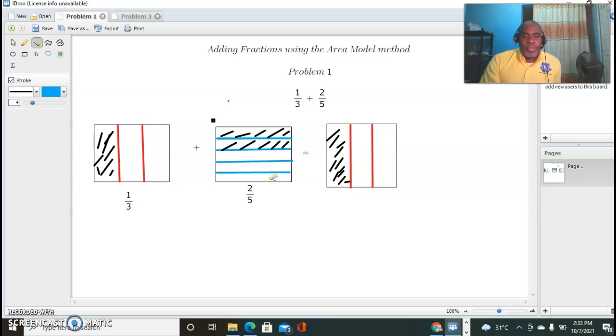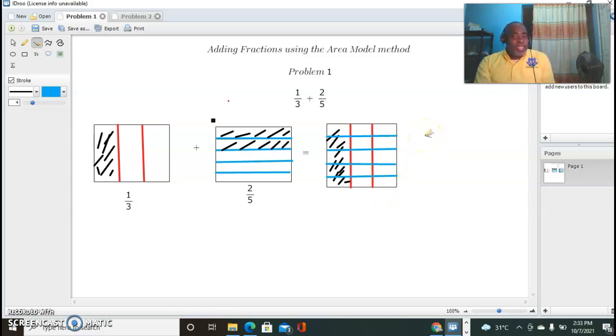Good. So divide into 5. So that's 1, 2, 3, and 4. So 1, 2, 3, 4, 5.